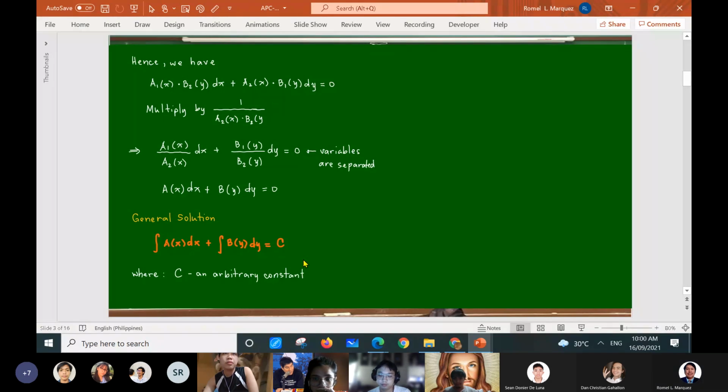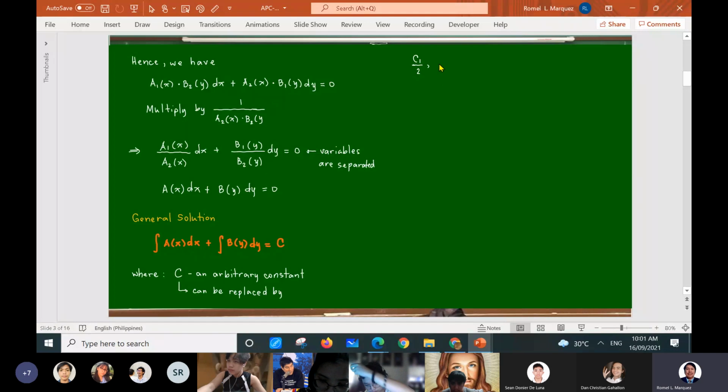And c here can be replaced by any convenient arbitrary constant form, let's say c sub 1 over 2, depending on your goal in simplifying the final answer.